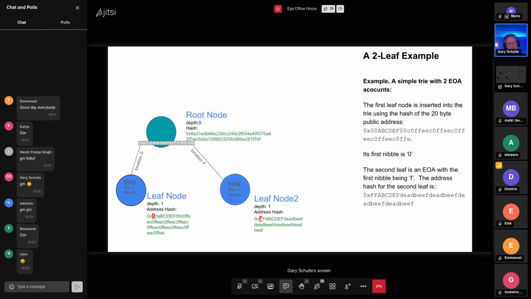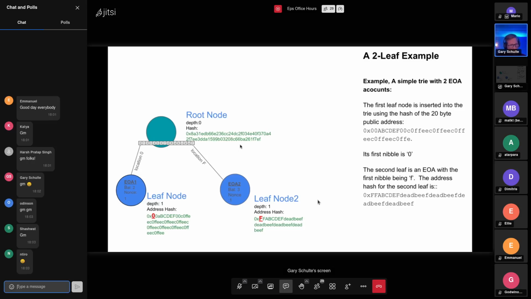So at the end, we have a root node with an array of 16 slots for hashed references. The 0 would be occupied and F would be occupied. We hash that array and we get the state root. So this state root ends up being 8A31 EDB66, etc.